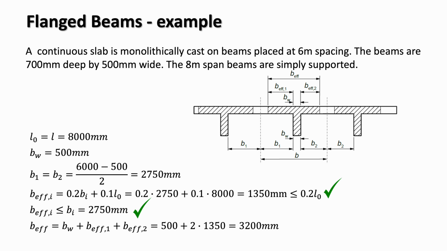We need to check that that is smaller than 0.2 L0, which it is in this case, and therefore we can calculate the full b_eff, as you can see in this drawing, as b_w, so the width of the web, plus b_eff,1 and b_eff,2, which in this case are the same at 1,350. That in total gives us a b_eff of 3,200 millimeters. So that essentially is the effective width of the flange.